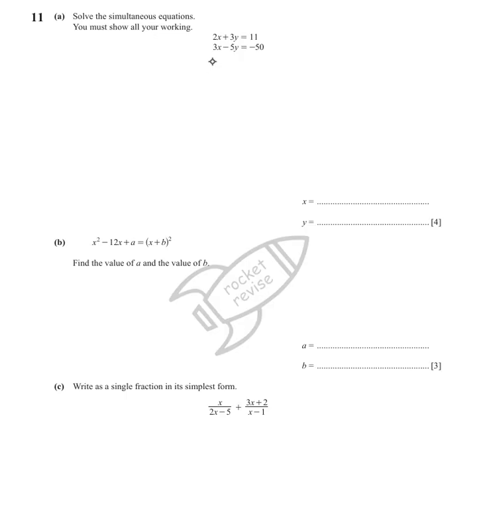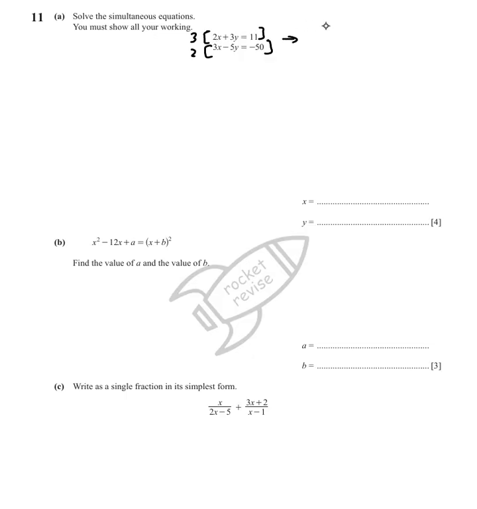Solve the simultaneous equation. What method should we use here? Elimination or substitution? Good. We'll use the elimination method. Let's try to eliminate x first. 3 multiplied by 3 and multiplied by 2.